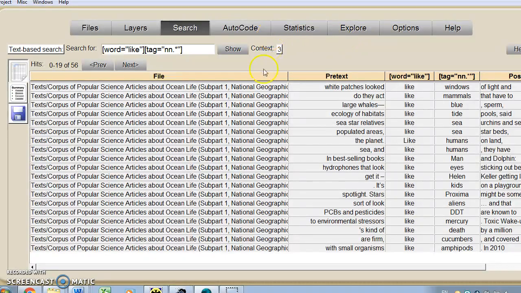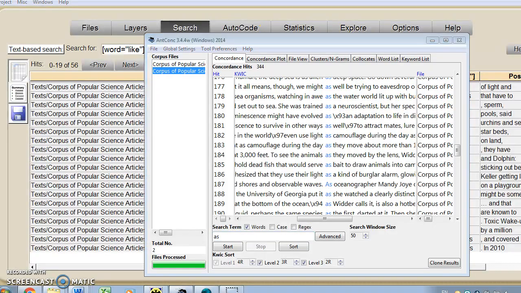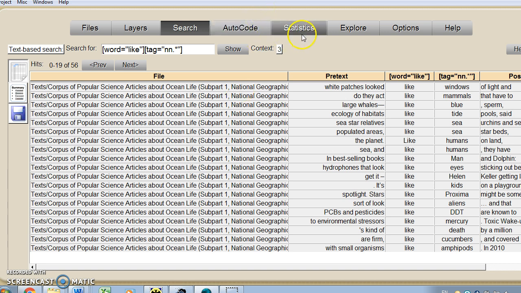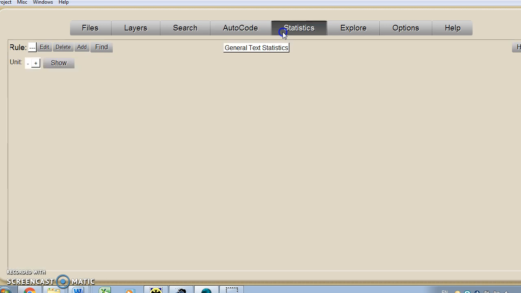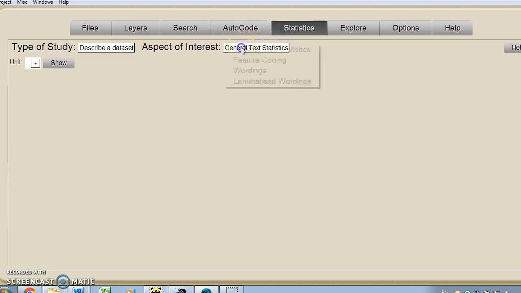So it's maybe not so easy to do in ENCONC, or not so reliable in some cases, but, as we've discussed, it is always possible to go to the auto code and, for example, create some rules here, or to statistics and the different kinds of this, for example, general statistics, feature coding, and so on. So I think that this makes my descriptive statistics calculations easy and more reliable as well. That's how I see my work on this project during the next few days, I think so. Thanks.